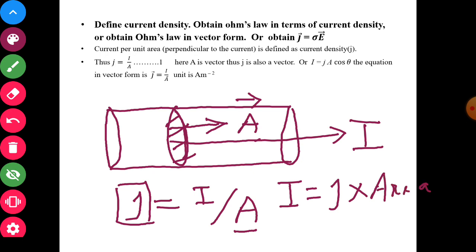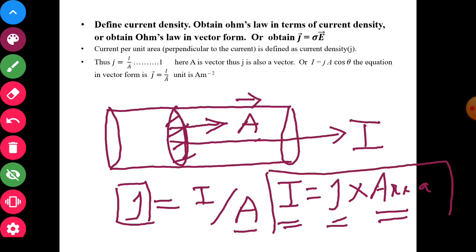Now try to understand, we have current I, which is the result of the product of two vector quantities. Which are these two vector quantities? J is current density, A is area.